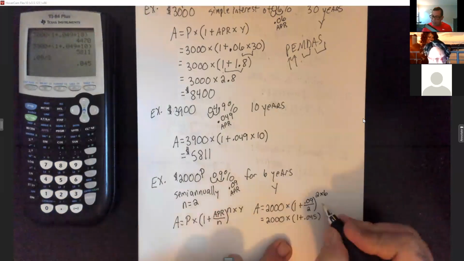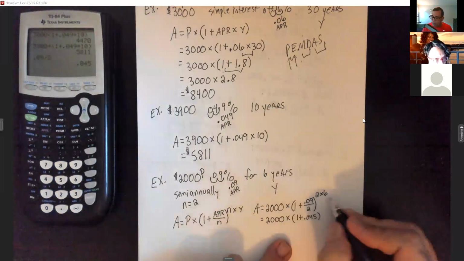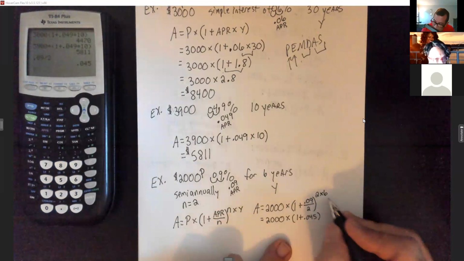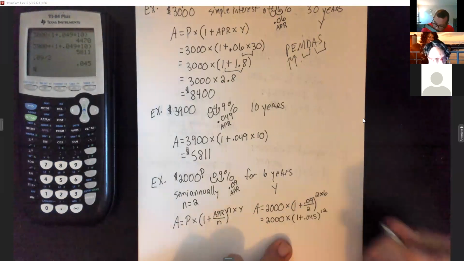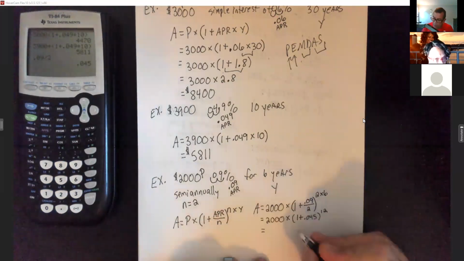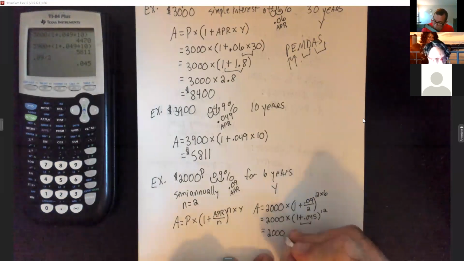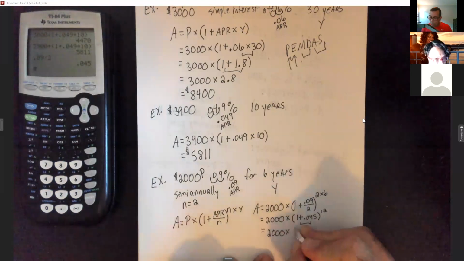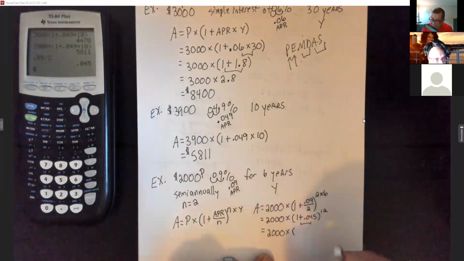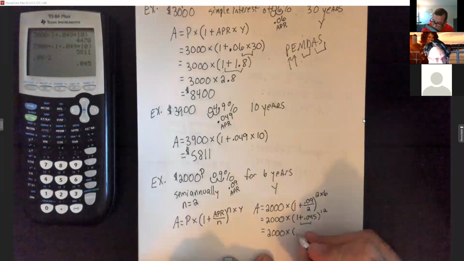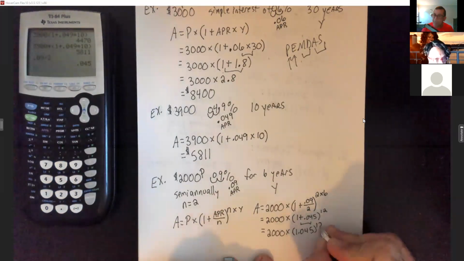And now, since this exponent is right out here, we can go on and multiply 2 times 6, make that a 12. All right, so I still got to work inside here, so I would bring that 2,000 down, times 1 plus 0.045 is 1.045, and that's all still got an exponent, it's 12.